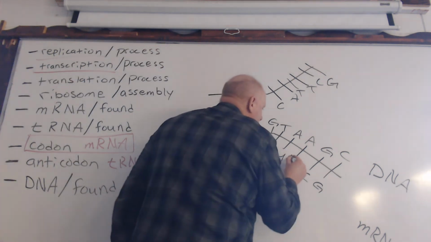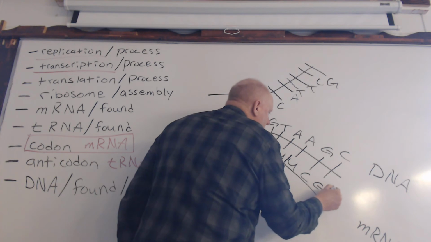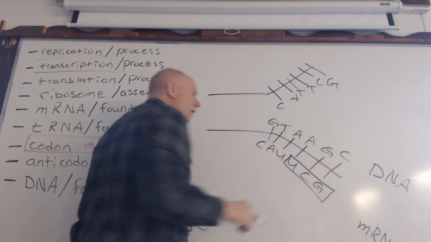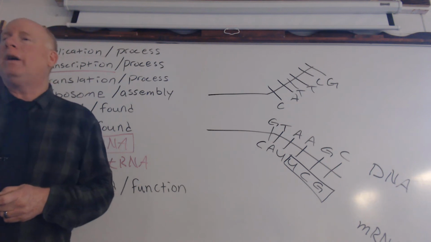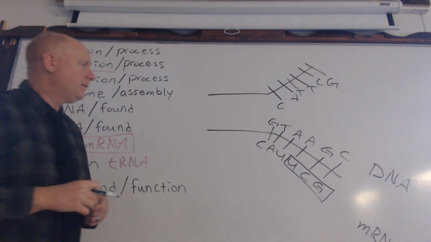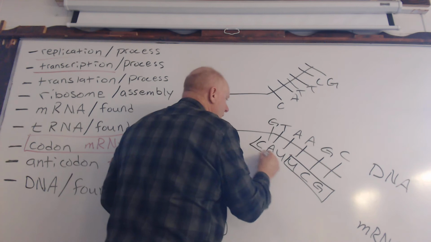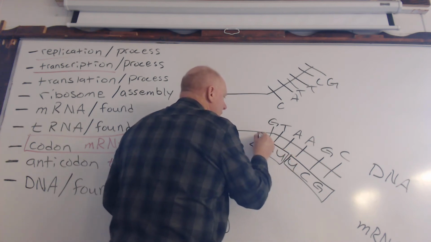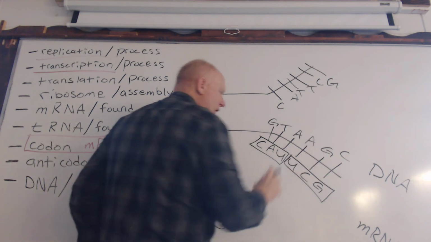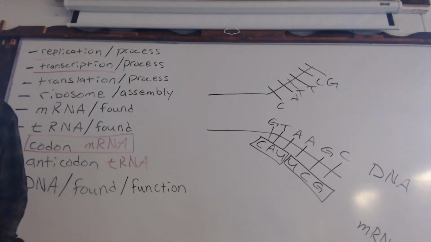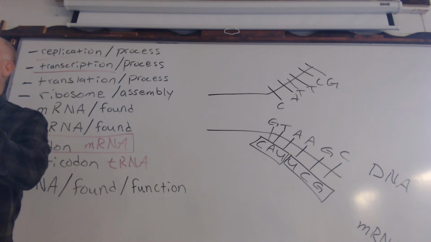A 3-letter segment of messenger RNA is called a what? Codon. Okay, and we've got 2 of them. What enzyme is specific to transcription? It's not DNA helicase, because that's replication.